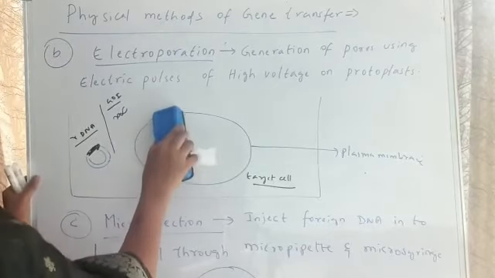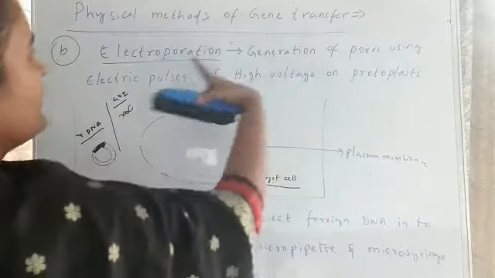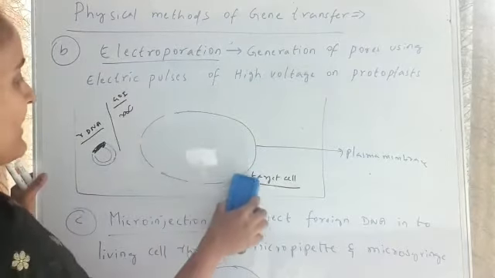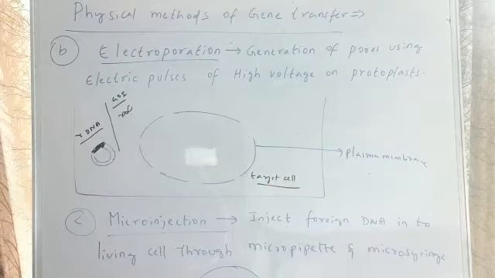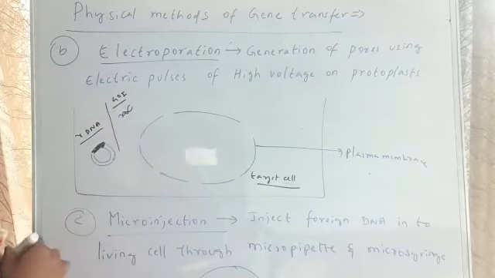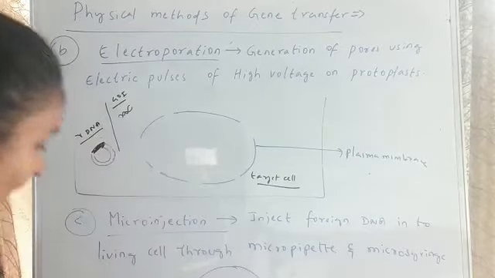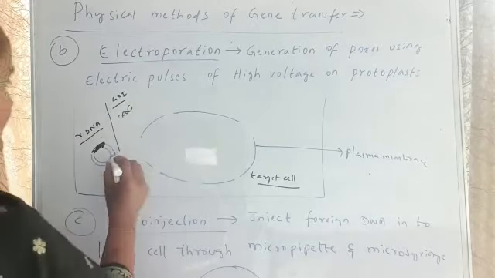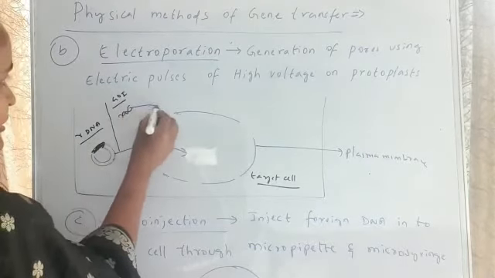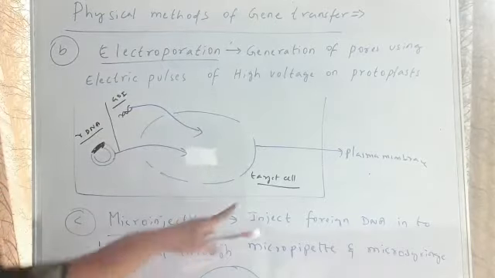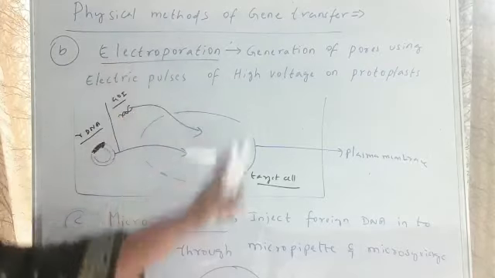What happens when we apply them? Pores are formed on the plasma membrane, and through these pores, the rDNA, the recombinant DNA, or the gene of interest directly, will enter into the target cell. So that is why this technique is known as electroporation.